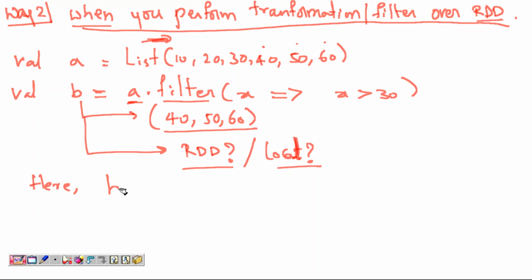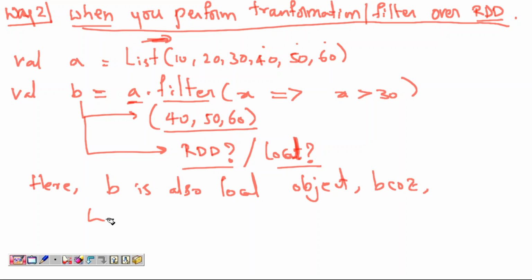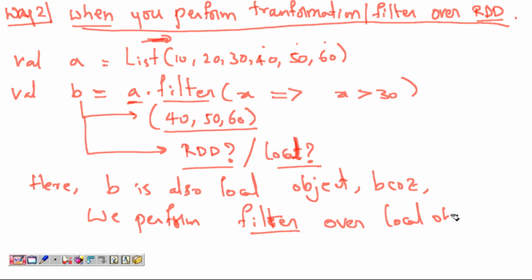Here, b is also a local object, because we performed a filter over a local object, so another local object is returned.